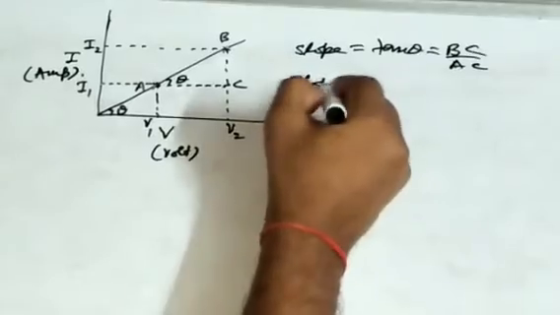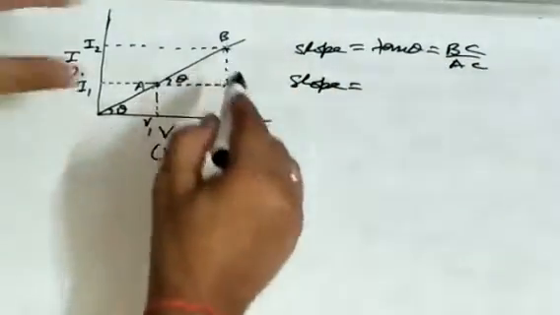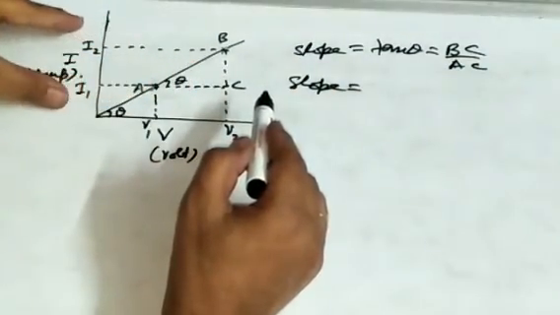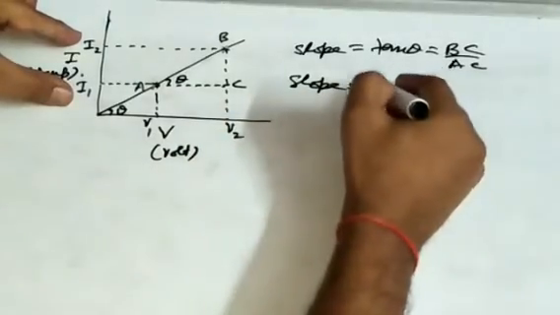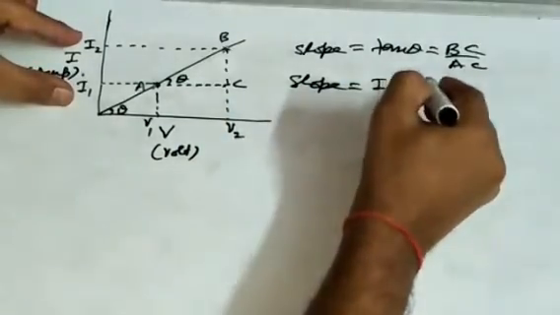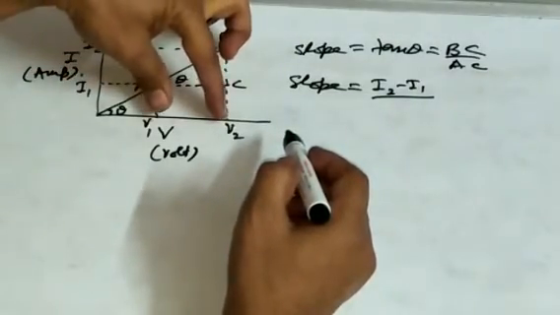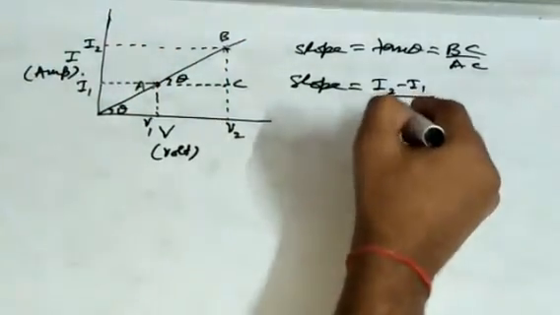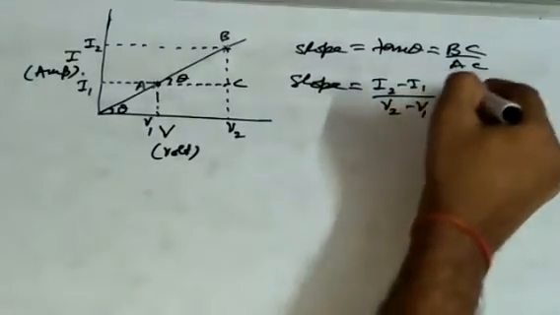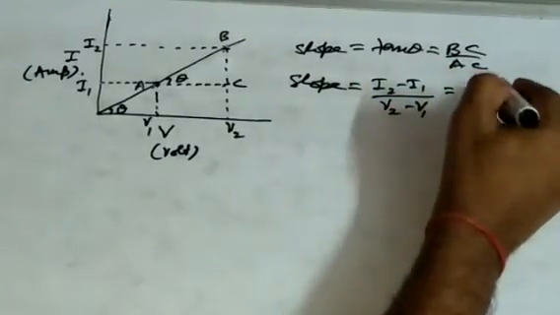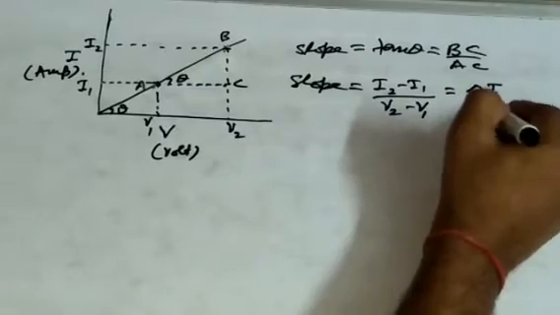This slope is equal to BC, which is I2 minus I1, upon AC, which is V2 minus V1, and this will give delta I upon delta V.